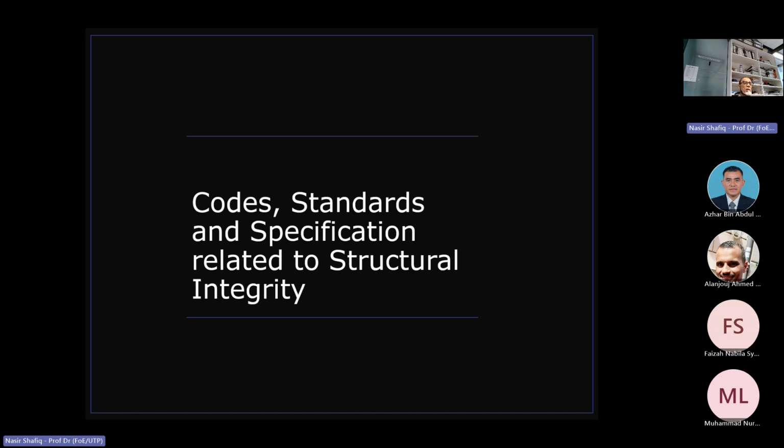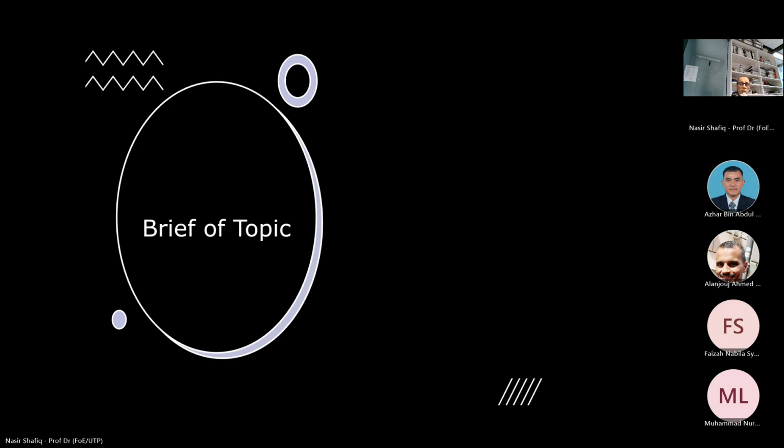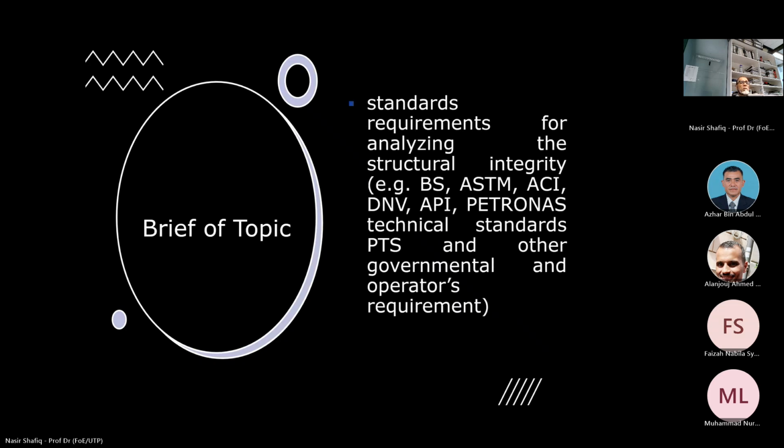There are also codes, standards and specifications, the standard requirements for analyzing structural integrity, for example, old BS code, ASTM, American Concrete Institute, DNV, API, Petronas technical standard, and other governmental and operators' requirements.